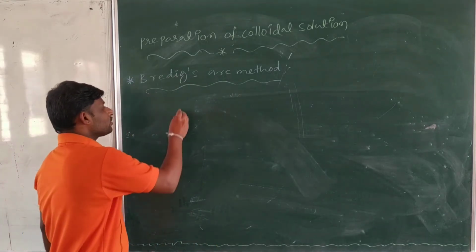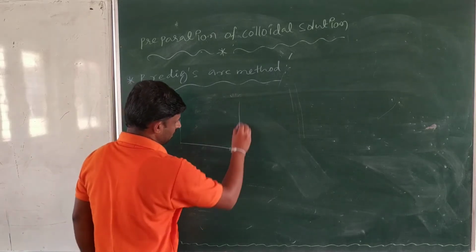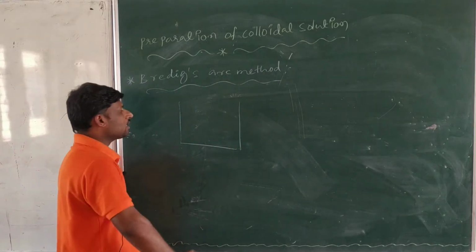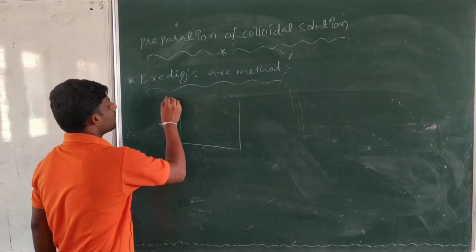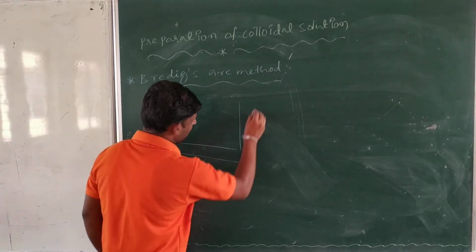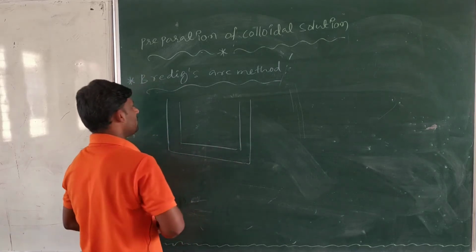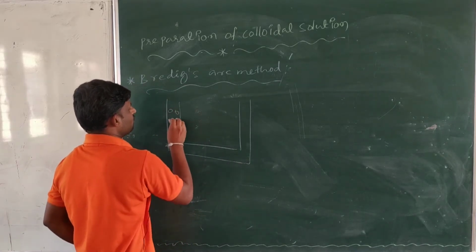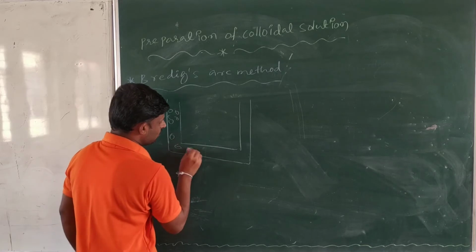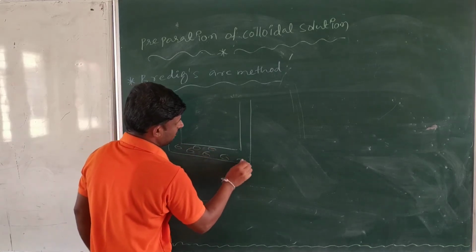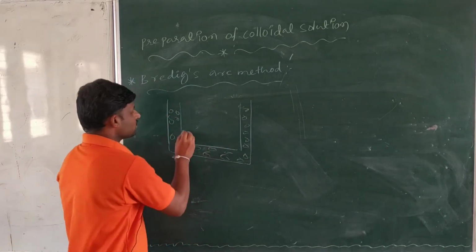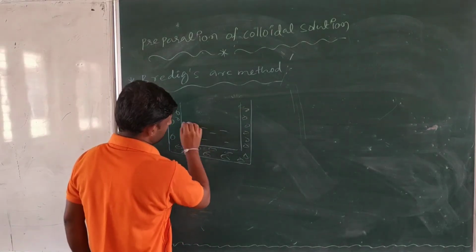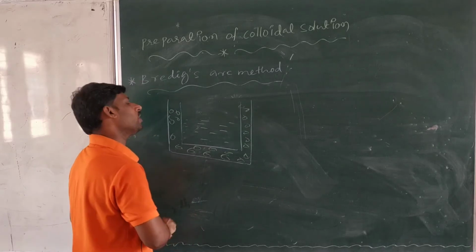So simply, I am going to take one container. First of all, I am keeping this container in an ice bath. This bath is filled with ice. In this I am taking a solvent, which is nothing but water.